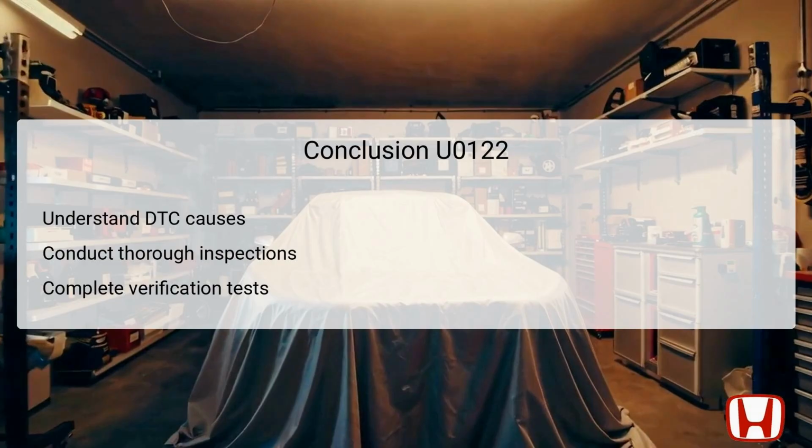After repairs, verification tests must be completed to ensure the DTC is cleared and that the vehicle operates normally thereafter. Furthermore, implementing preventive maintenance procedures can help prolong system reliability and prevent the recurrence of similar issues. By following these steps, technicians can effectively manage and rectify DTC U0122, ensuring safe and stable vehicle operation.